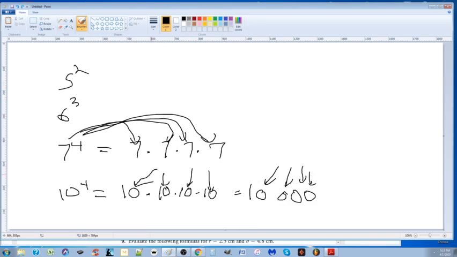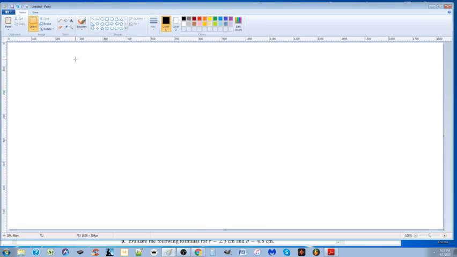Now let's go on to some simple rules. Again, we will be looking at bases that are the same. We're never going to be looking at 7 to the 3 times 8 to the 4 and finding a rule for adding these exponents, because the bases, 7 and 8, are different.